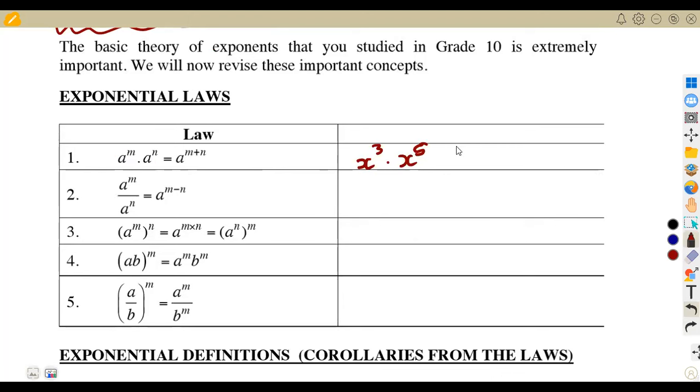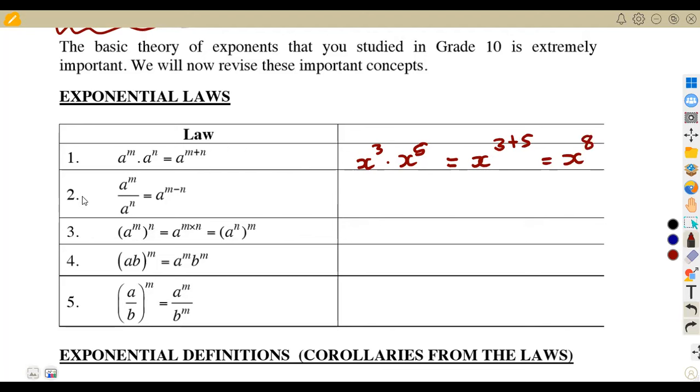What is important is that you're multiplying bases that are the same, so you add the exponents, 3 plus 5, which gives x to the exponent of 8.